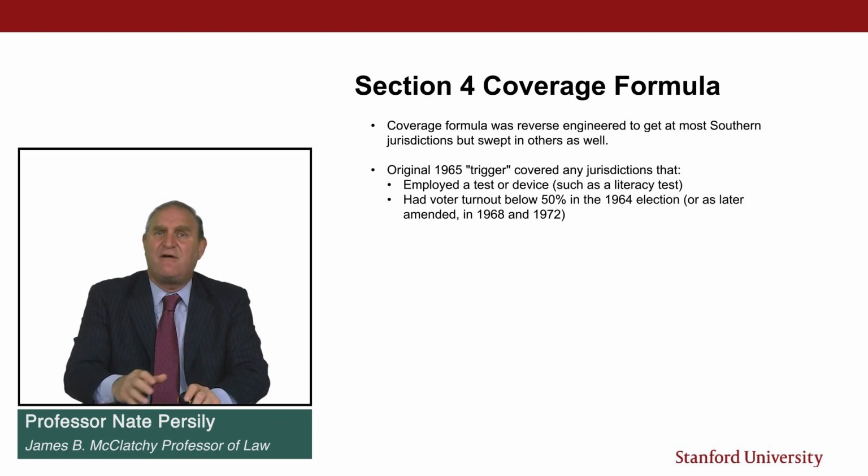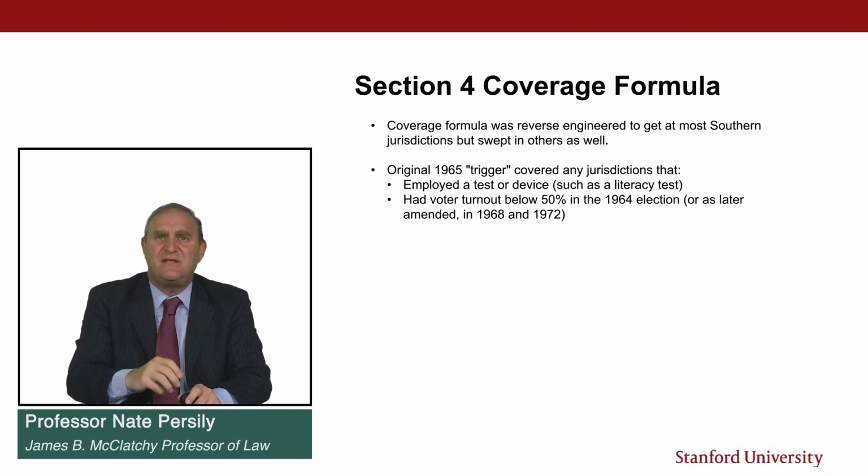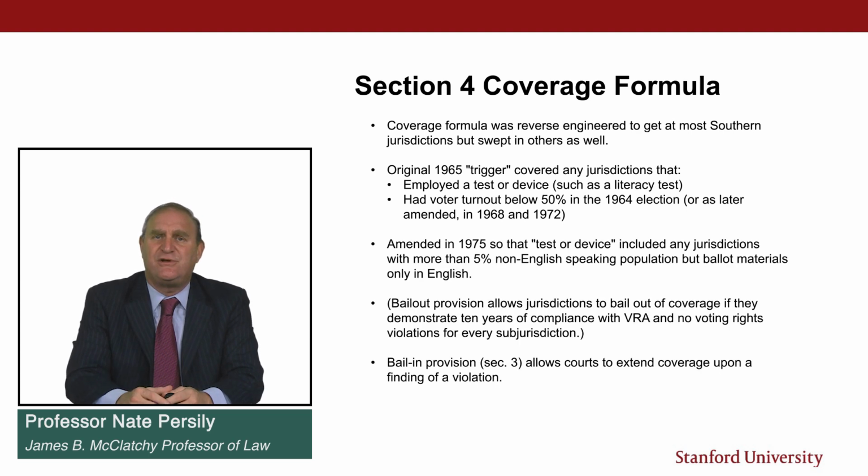First, does it have a test or device, and does it have low voter turnout in those elections? This is not a coverage formula that focuses on intentional racial discrimination. It doesn't look at whether there have been lawsuits, or evidence of low black turnout even. It's just aggregate voter turnout below 50% and evidence of the use of a test or device. That definition of test or device was expanded to include any jurisdictions with more than 5% non-English speaking population but with ballot materials only in English.